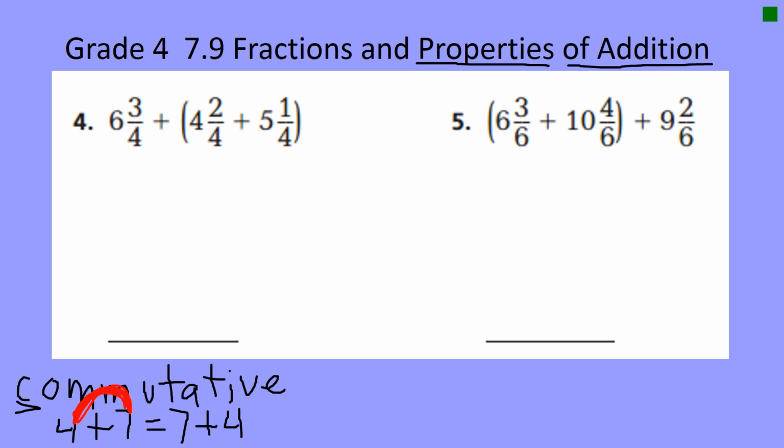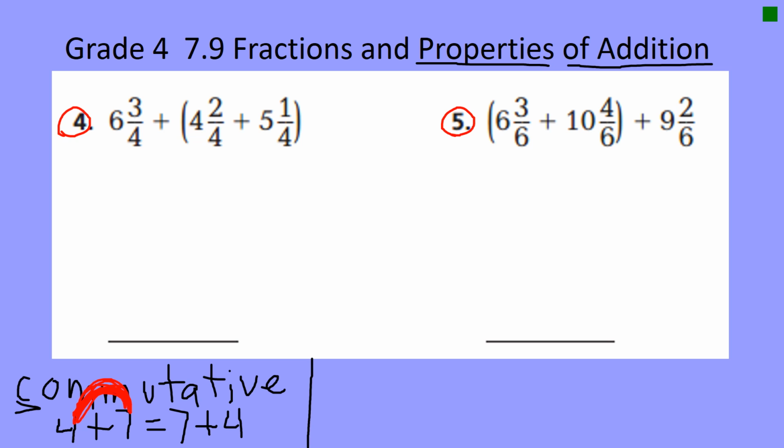When you switch the numbers, you make a little C. C is for commutative. So in number 4 that we have up here, in number 5, we're only adding plus, plus, plus, plus. So we can use the commutative property.